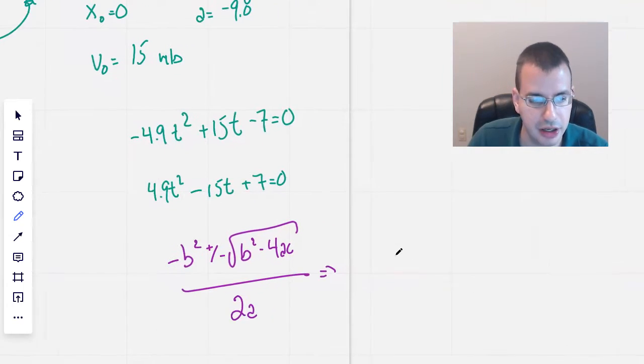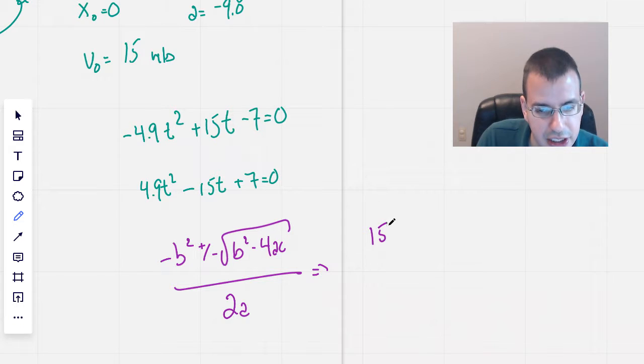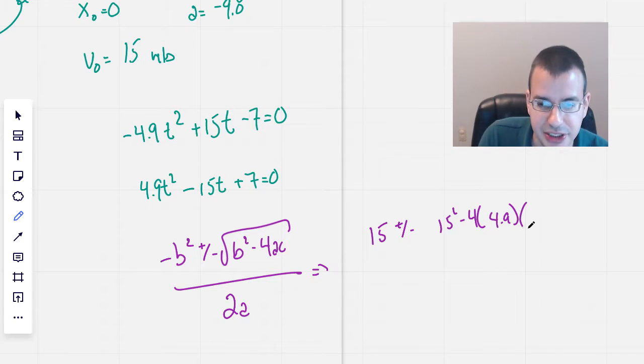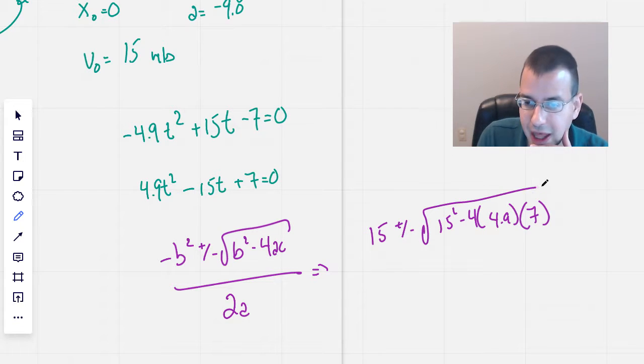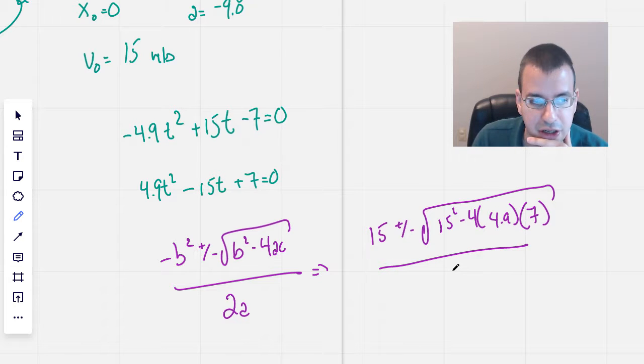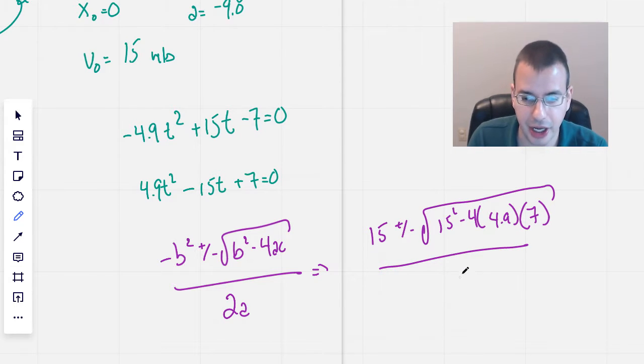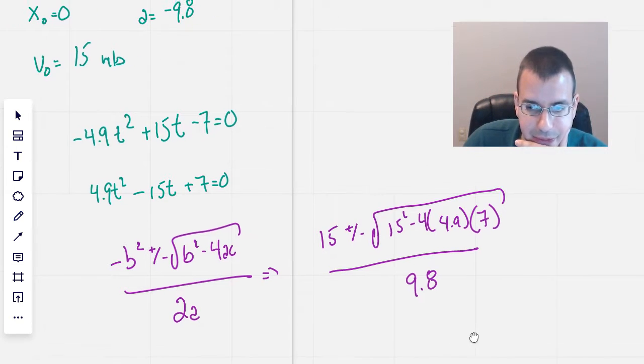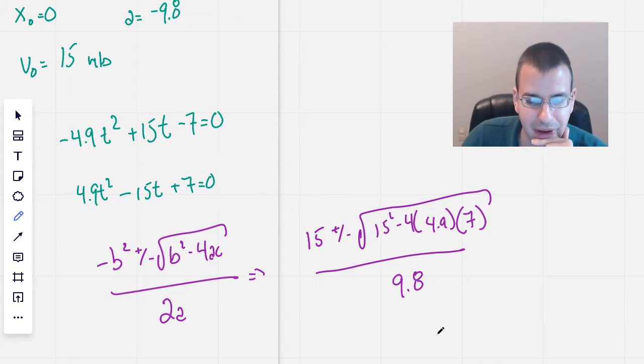This will give us 15 plus or minus the square root of 15 squared minus 4 times a, which is 4.9, times c, which is 7. Both of those are positive, so we'll get a number that is less than 15. Then 2 times 4.9, which we know is 9.8.